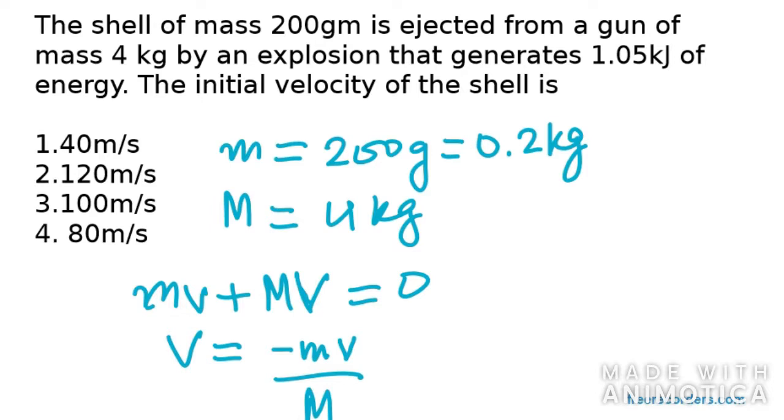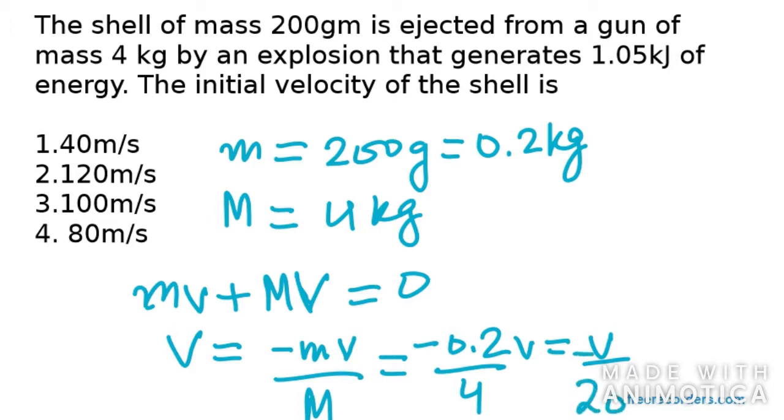The negative sign shows that the recoil velocity of the gun is opposite to the velocity of the shell. So now we need to find the energy of the explosion used. First of all, put the values of small m and bigger M, so it will be v over 20, minus v over 20 meter per second.